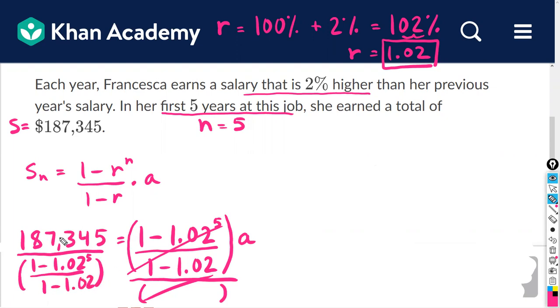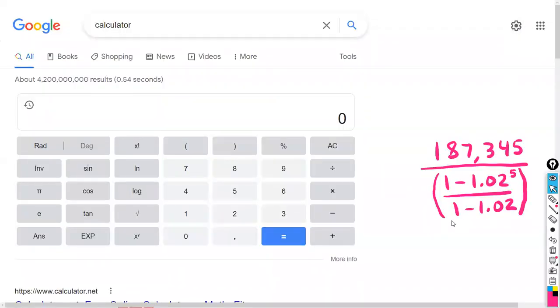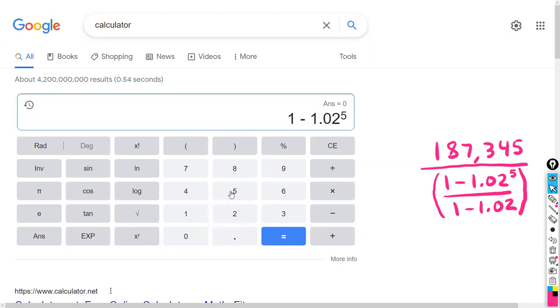Okay, so we need to do this on the calculator. On the Google calculator, I'll do the denominator first. 1 minus 1.02 to the power of 5. Okay, hit equals.